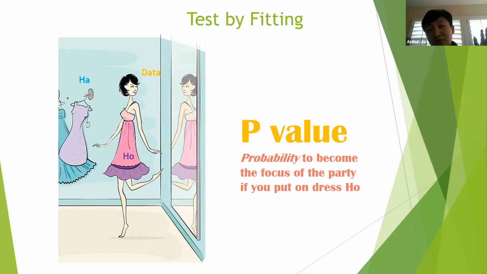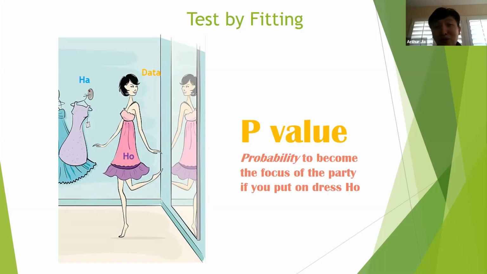After work, you rush into the department store, but you really do not have enough time to try on two dresses. So you're gonna make a choice between these two dresses. You label one as your null hypothesis, another one as the alternative hypothesis, two dresses. You're gonna choose one of these, but you do not have time to try both.